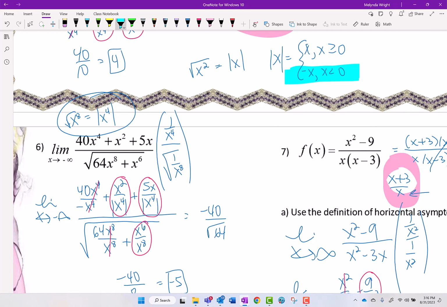The x that we are working on is smaller than 0. This negative infinity is smaller than 0. So we have to use the alternative, the other piece. See what I'm saying? If we were going to infinity, the answer would be 5. But because we're going to negative infinity, the answer is negative 5. That's the weirdness of it.